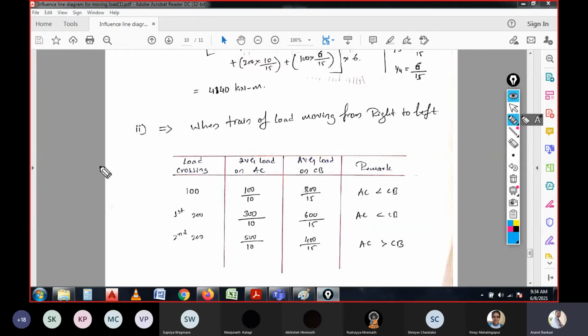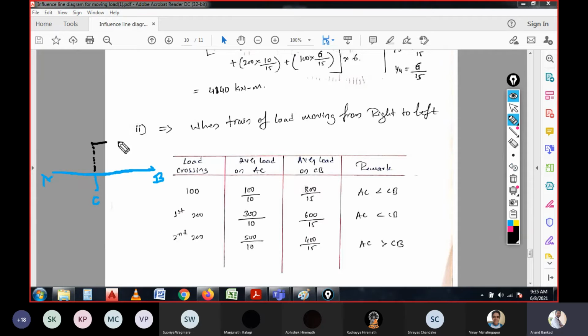Okay, so now I will draw this once again. It is a span of AB, and we have a section at C. We have the AC span and the BC span, and for this we need to cross a series of loads, having the section at this point.